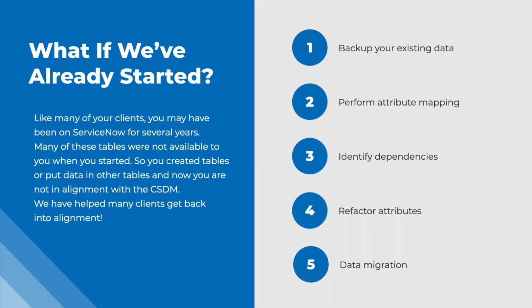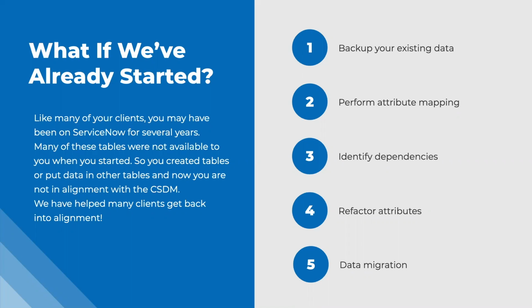The next step is to perform the attribute mapping. For example, if we have data that's been put onto a custom table, we need to identify which attributes on that custom table, which data points about our CIs, are going to need to be carried over to the correct tables, and which fields and attributes on those tables are going to need to be populated.